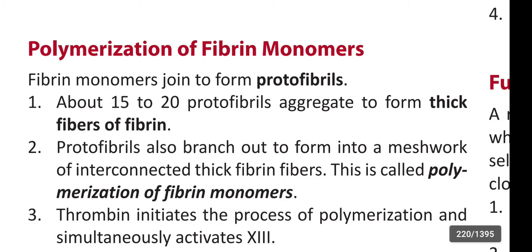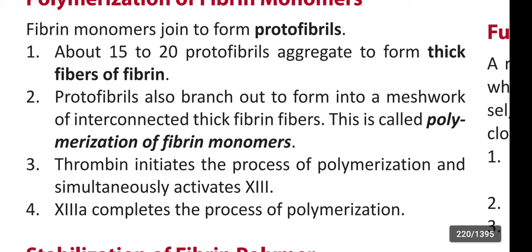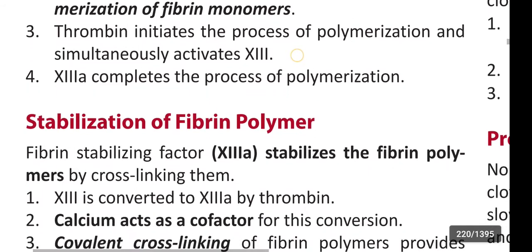Protofibrils also branch out to form a meshwork of interconnected thick fibrin fibers. This is called polymerization of fibrin monomers. Thrombin initiates the process of polymerization and simultaneously activates factor 13. The activated factor 13 completes the process of polymerization.